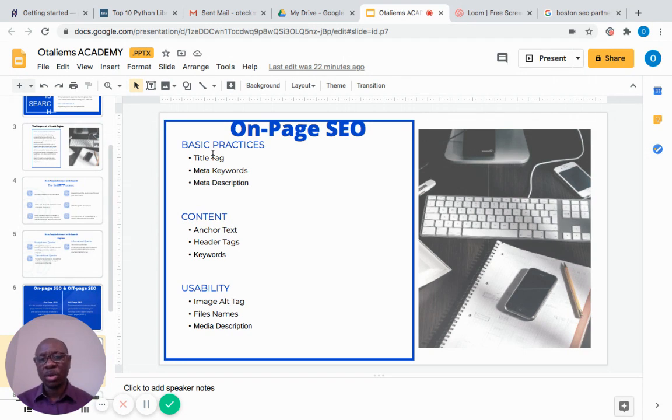So now we're going into the content. That's what we call the anchor text. It's very, very important when you're designing your website, so pay attention to that. Then you have the header tag.